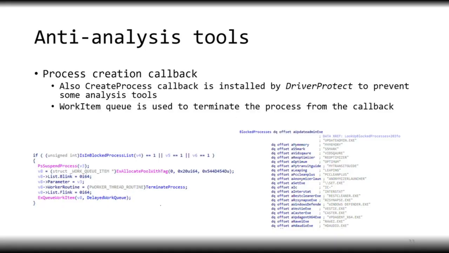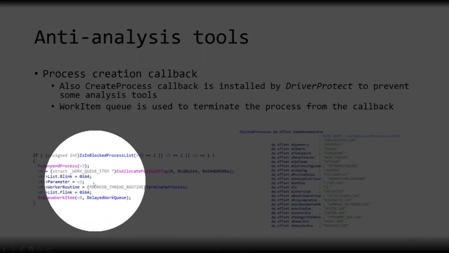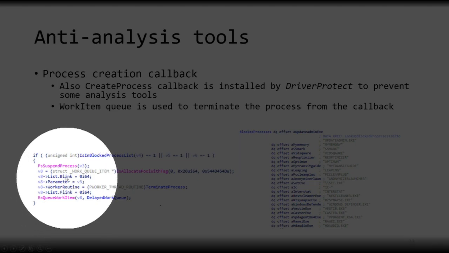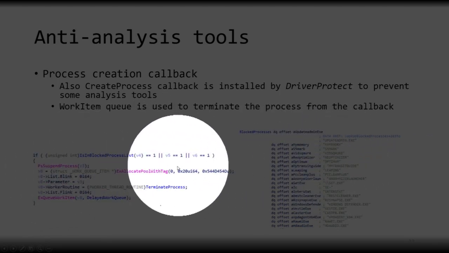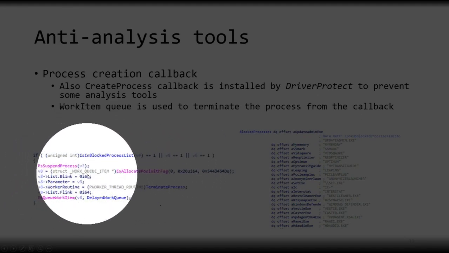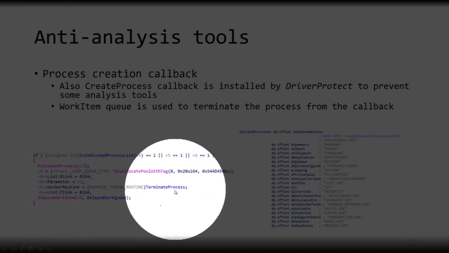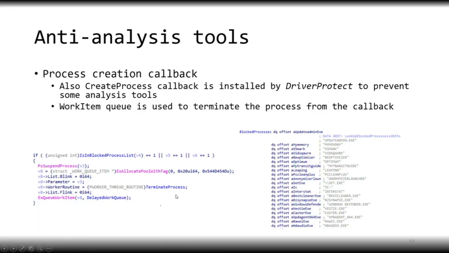So we can go through one by one, actually. Anti-analysis tools, process creation callbacks. This is a very simple technique they are using. Whenever they find these patterns in the process names, they will suspend the process and queue the terminate process callback.